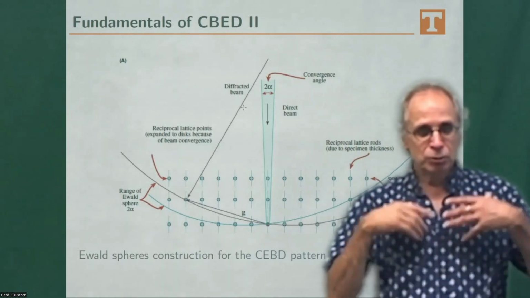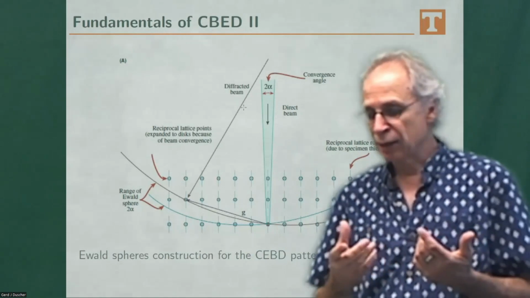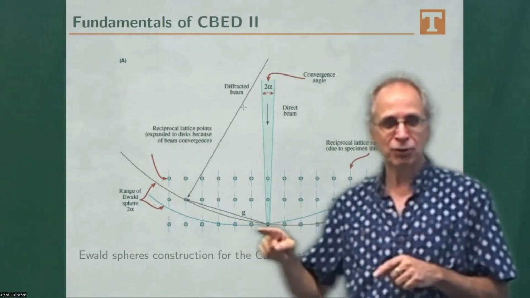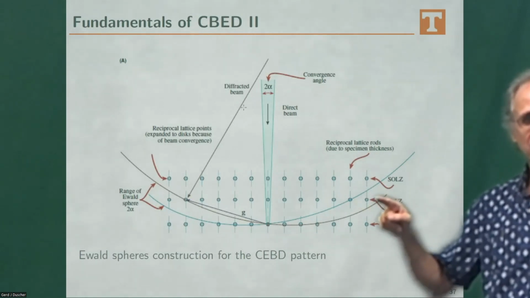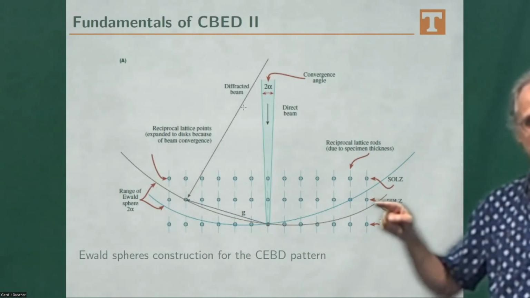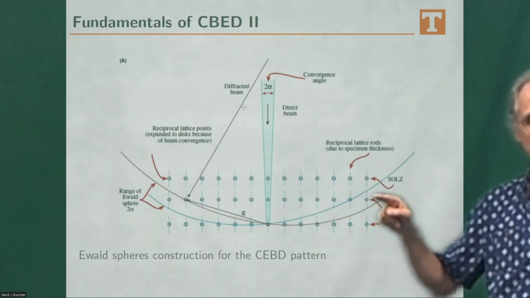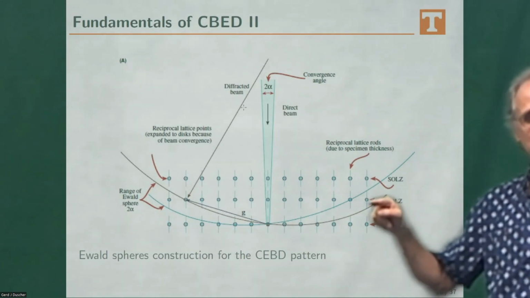Why do you see the higher order Laue zone so much better? Instead of having just one Ewald sphere, now we have two limiting Ewald spheres. And in the higher order Laue zone, you will hit the one or the other higher order Laue zone Bragg peak perfectly. And so that gives you a very good signal.